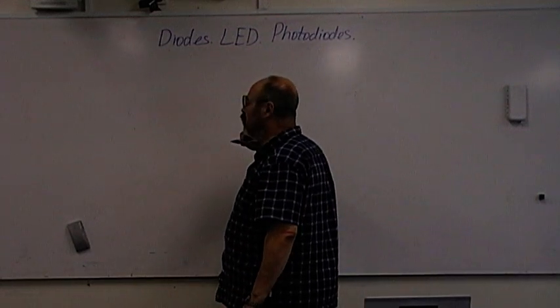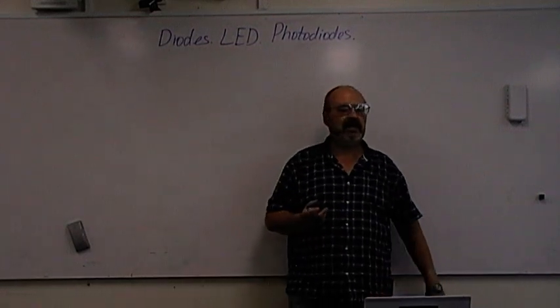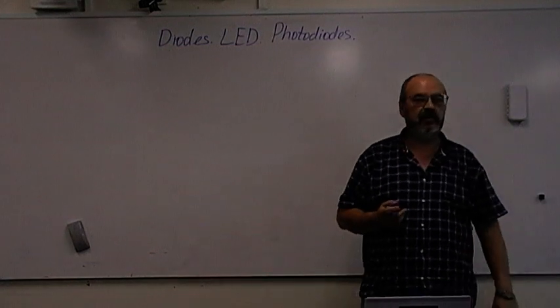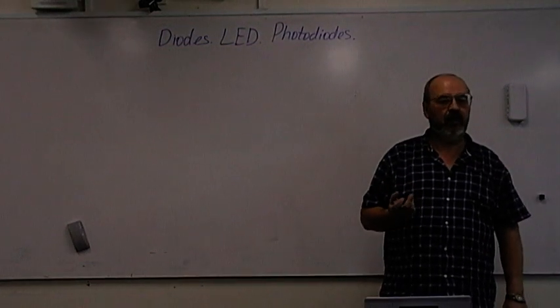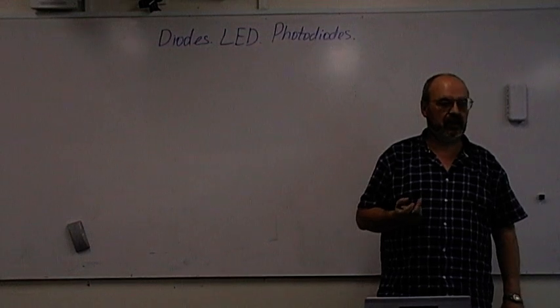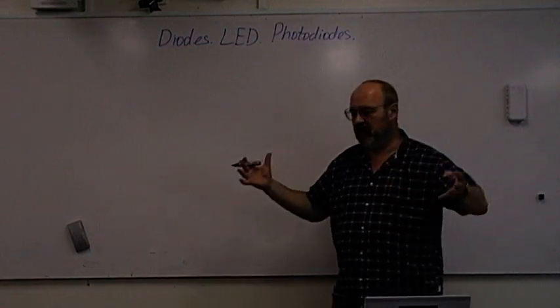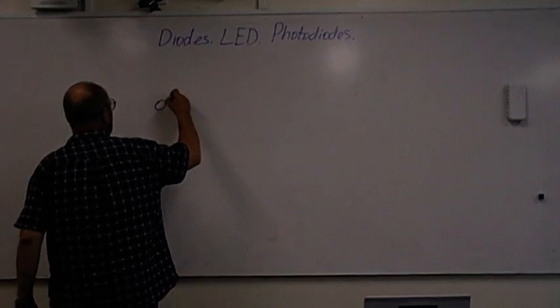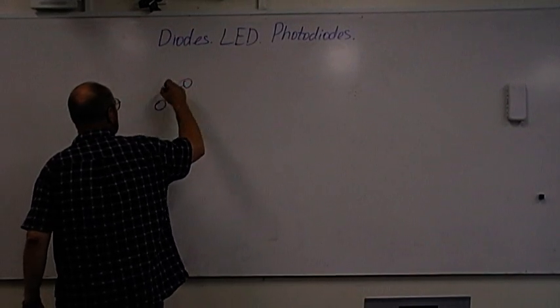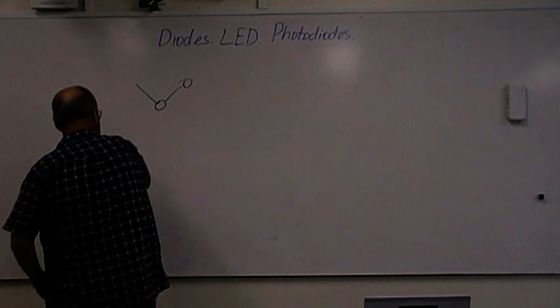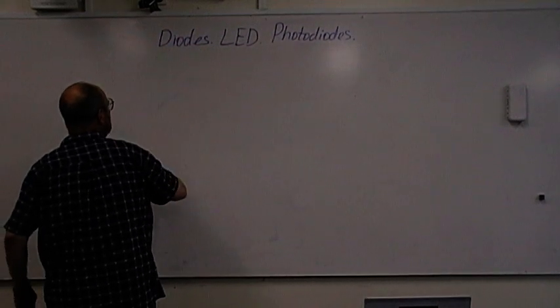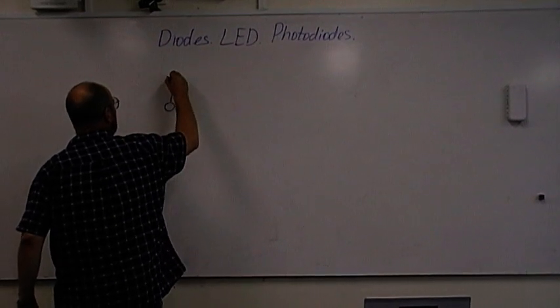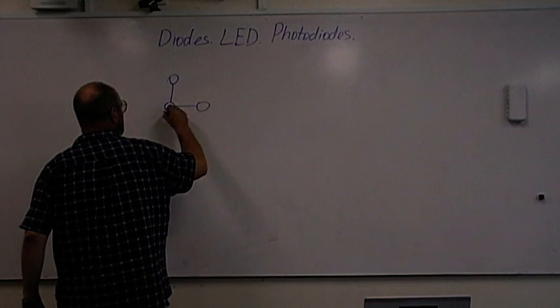So, let's consider some element, silicon, that has 4 electrons at the outer shell. When it's made into a solid, those 4 electrons make bonds with another 4 atoms around, so they share their electrons.